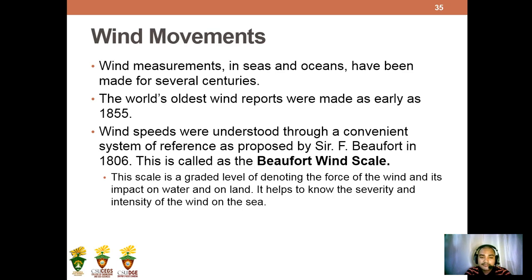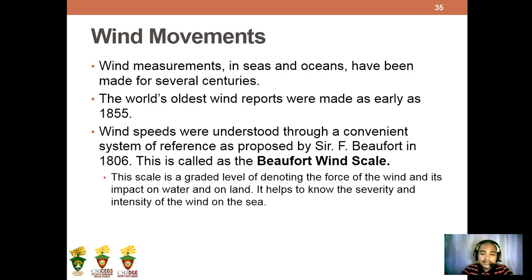Wind speeds were understood through a convenient system of reference proposed by Sir F. Beaufort in 1806. So the wind reports during 1855 are based on the system proposed by Sir F. Beaufort.